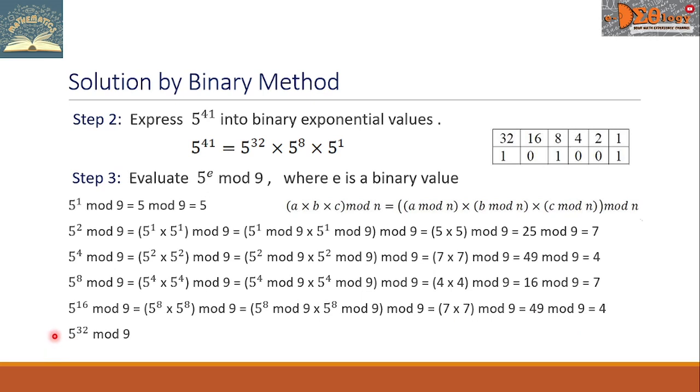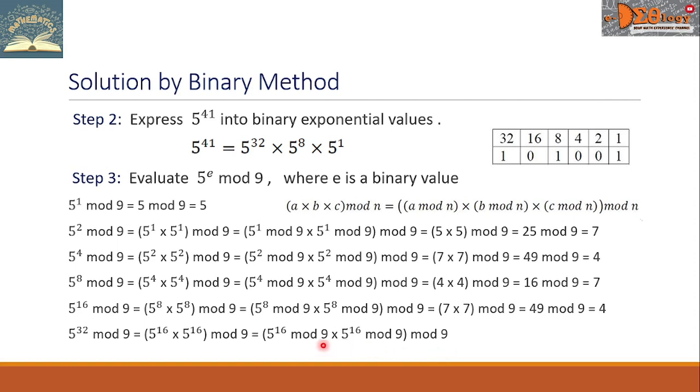Next modulo is 5 raised to 32 mod 9. We can rewrite this into 5 raised to 16 times 5 raised to 16, then mod 9. Let us use again our identity. So we have 5 raised to 16 mod 9 times 5 raised to 16 mod 9, then mod 9.